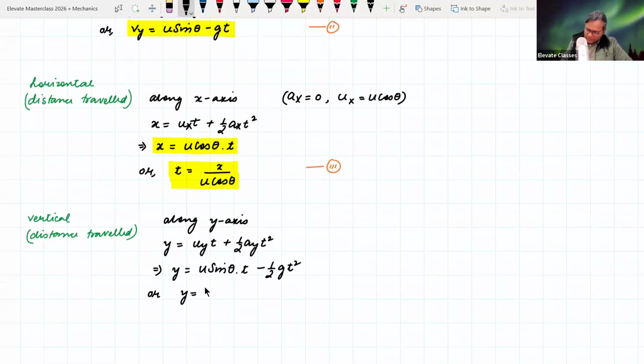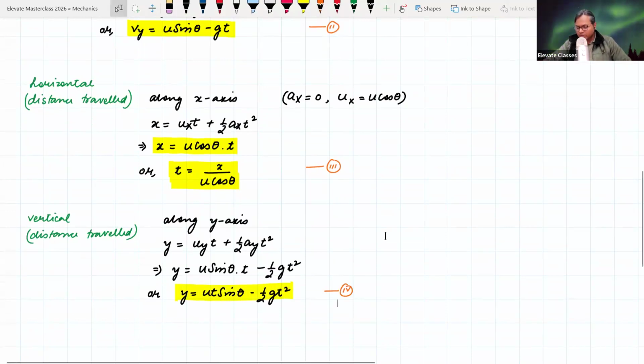Okay, y is equal to ut sin theta minus half g t square. This is the equation corresponding to the vertical distance that is traveled with respect to time.